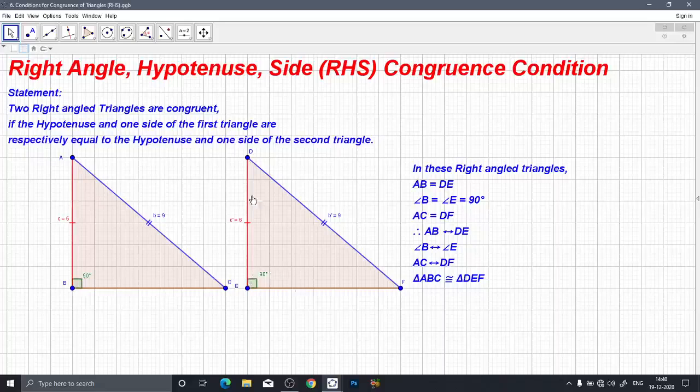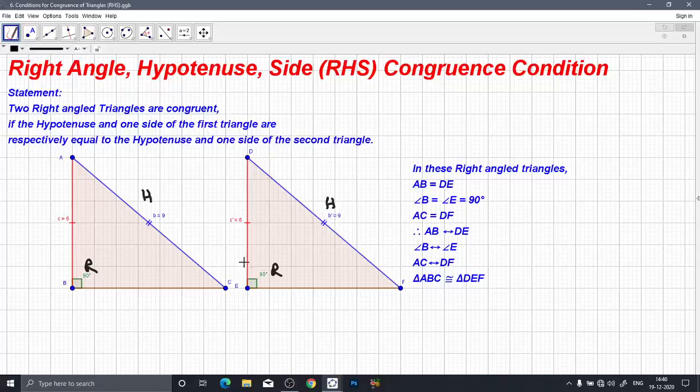Okay, if the corresponding sides AB and DE, two sides here. RHS, how is it RHS? This is right angle, right angle, equal. Now the hypotenuse, the center one, should be the same here, because these two are 9 centimeters and 9 centimeters, both equal.